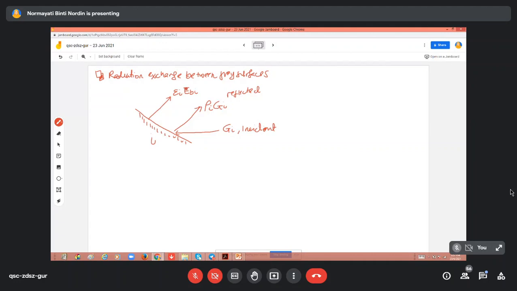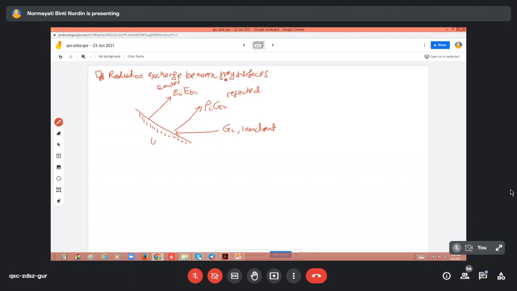Okay, so for a black body it is perfect, because emissivity is equal to 1, but due to this surface is a grey surface or a real material, so you should multiply the black body emissive power with the emissivity value. So this will be the emitted portion.